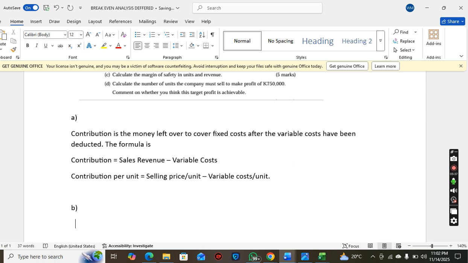Break-even point in units, BEP, equals the total fixed costs divided by your contribution per unit.